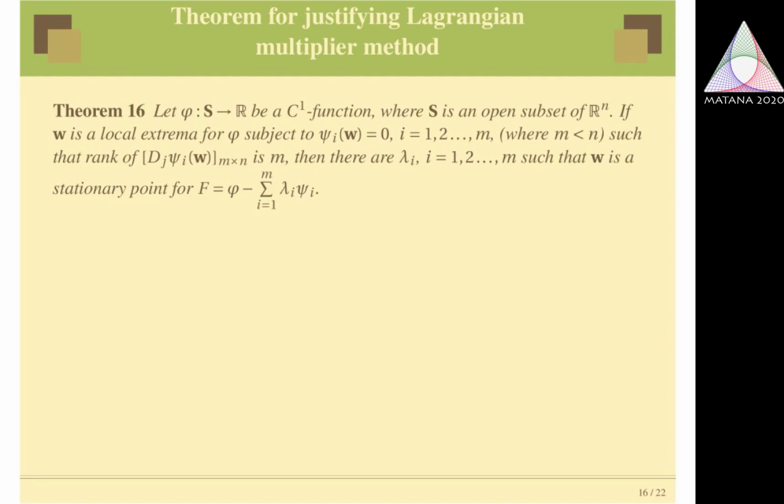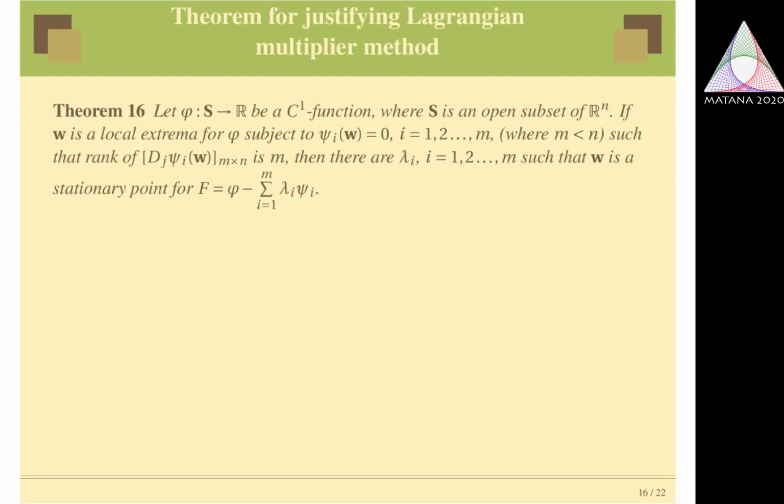Now we see the detailed proof of this theorem. We are given that the rank of the matrix D_j psi_i of W is m. Note that the order of the matrix is m cross n, where the number of rows m is strictly less than the number of columns. Since the rank of the matrix is the number of independent column vectors of the matrix, we find m column vectors, say j1, j2, ..., jm, such that they are linearly independent.